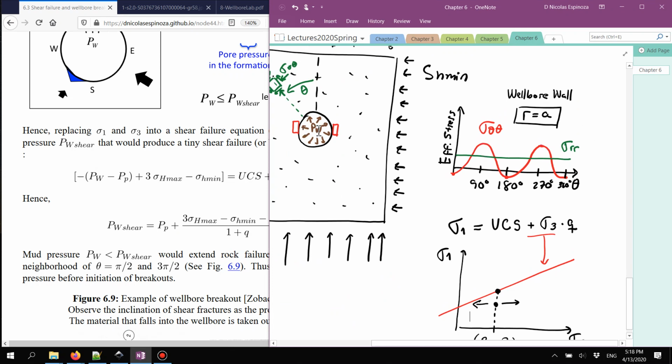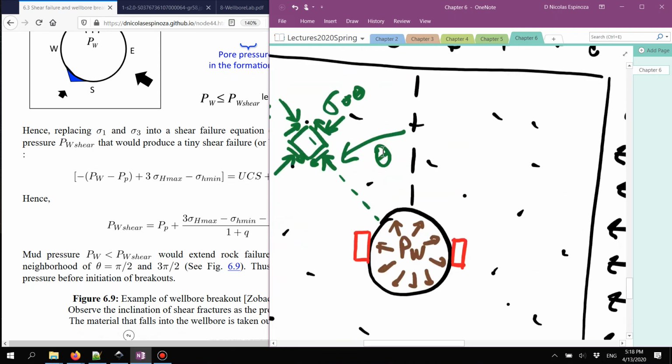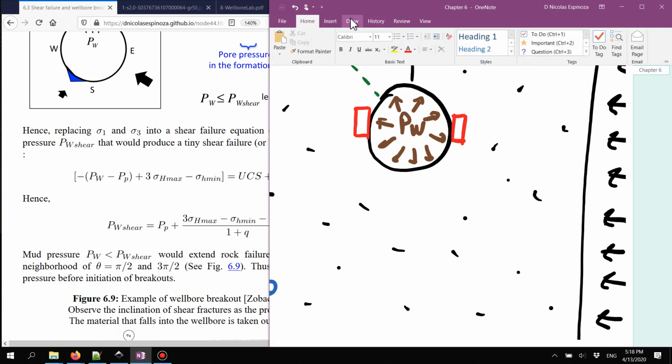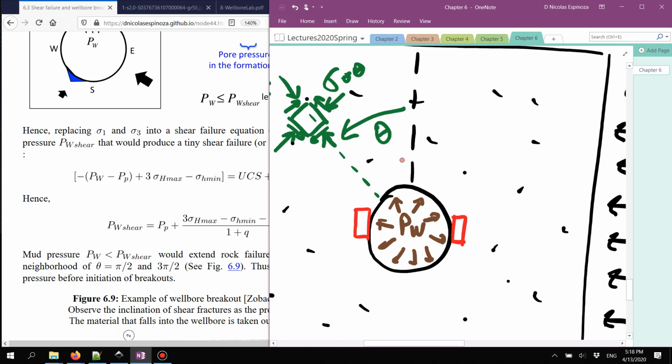And in the wellbore, now let's come back to this drawing, that's going to mean that if I have a shear failure, I'm going to have shear fractures. Those shear fractures are going to be oriented at a particular angle.